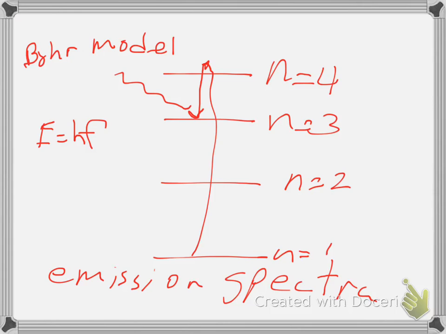Just to wrap up 6.1, we also talked about how if you had an element, let's say element X, and you wanted to know the number of protons in the nucleus, that would be Z, and A was the number of neutrons and protons.